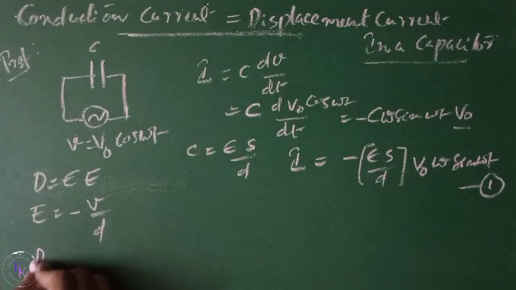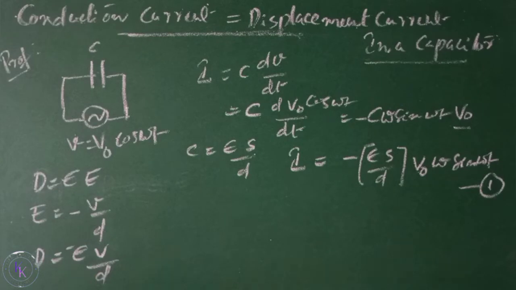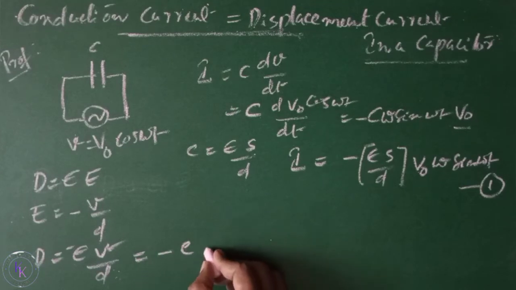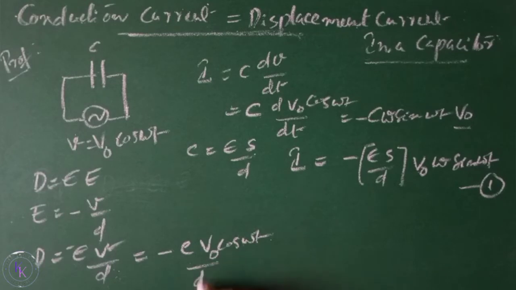Then D equals epsilon times negative V by d. Now substitute the value of V, and you are going to get minus epsilon, where V is V naught cos omega t divided by d.